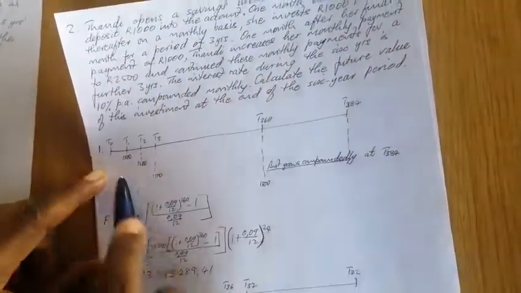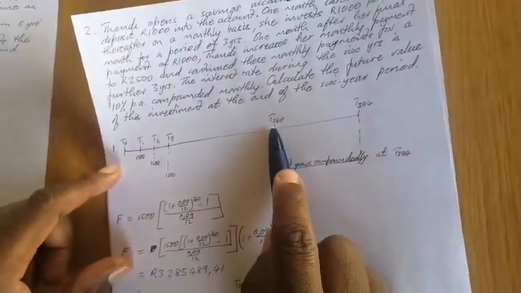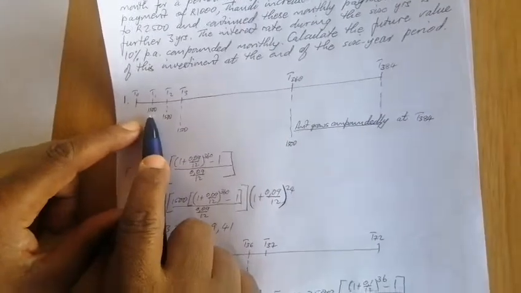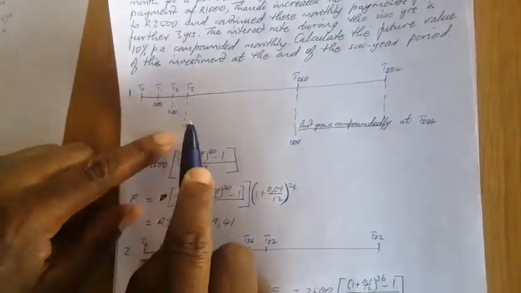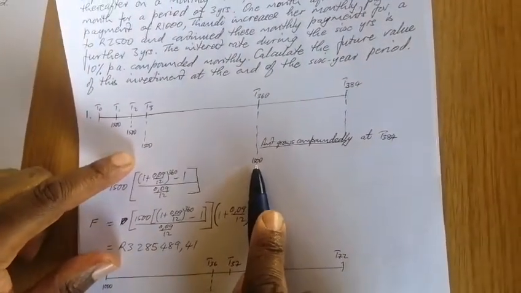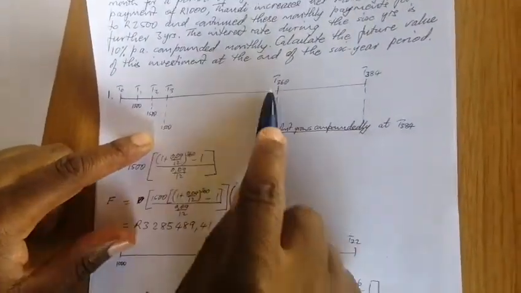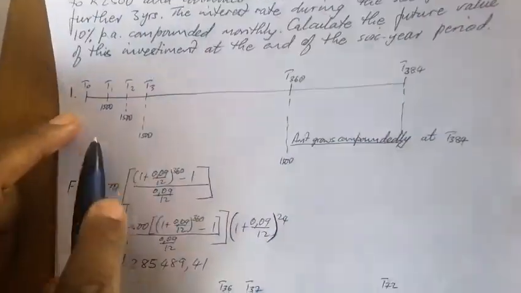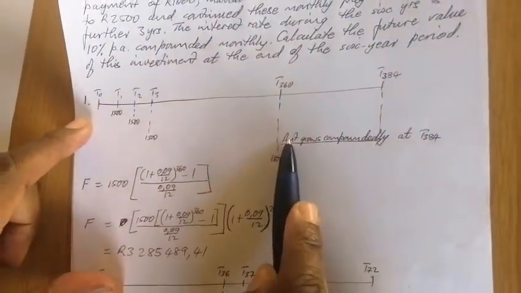You will notice that from T0 up to T360, we have an amount of 1,500 being put in each and every month until the last installment, which was made at T360.